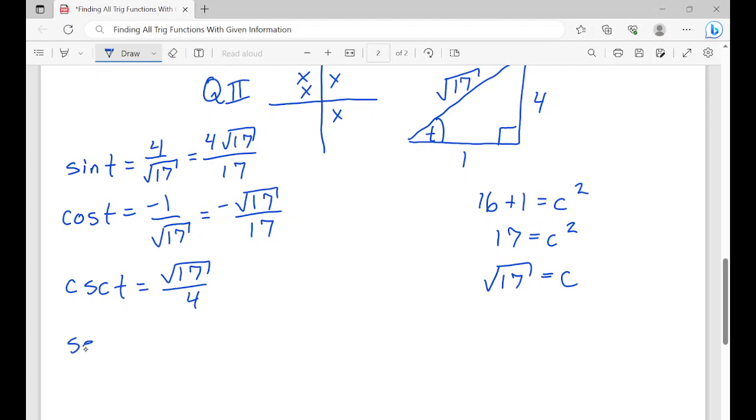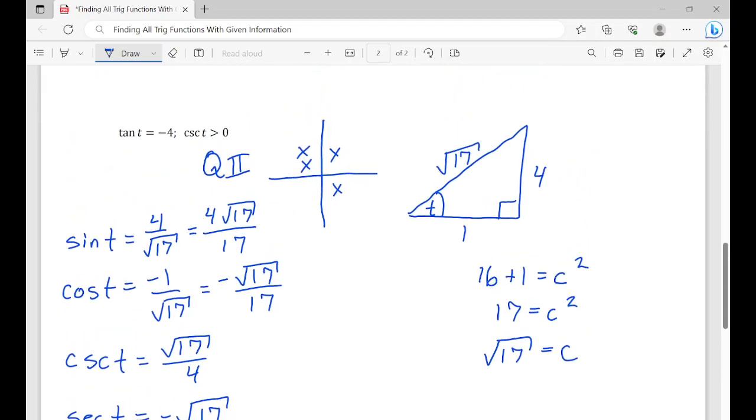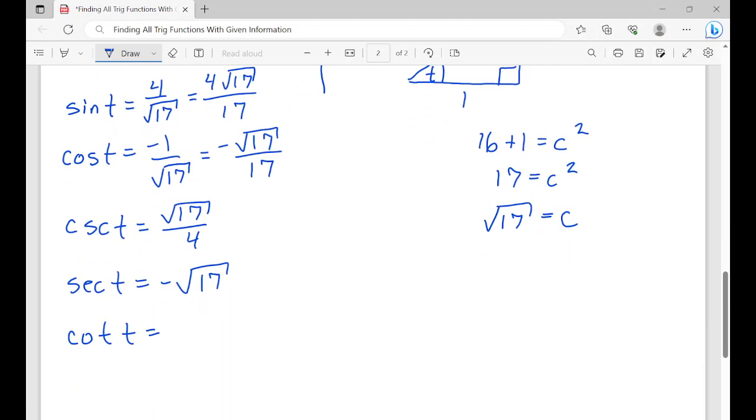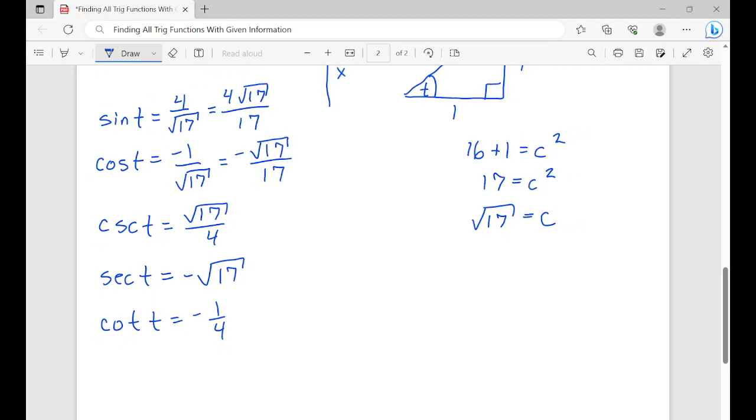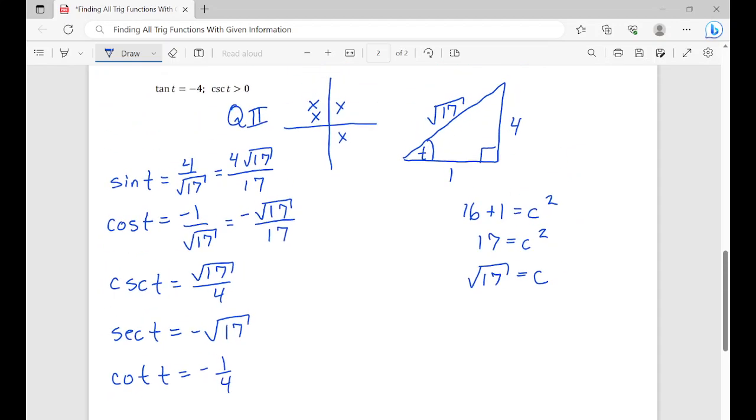Next is secant t, and that's just cosine reciprocated, so that's going to be negative root 17. And then last is cotangent t, and cotangent is just tangent reciprocated, so negative 4 over 1 is going to be negative 1 over 4. And here are all the trig functions for this one.